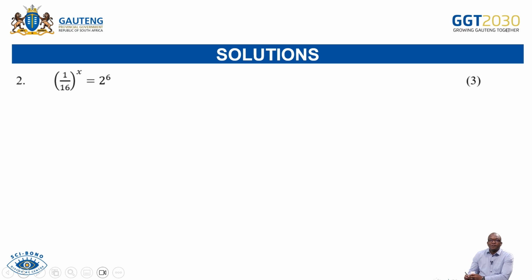Okay, we're looking at this one. You can see that there are 2 things that can be involved in this case. Either we can use the exponents or the laws. But now let's see how we deal with that. The first thing we do here is to get the bases to be the same.